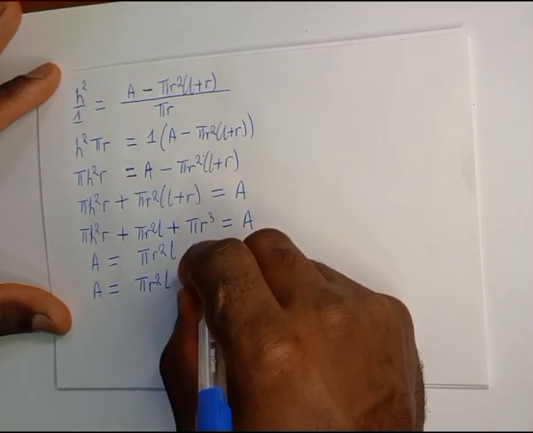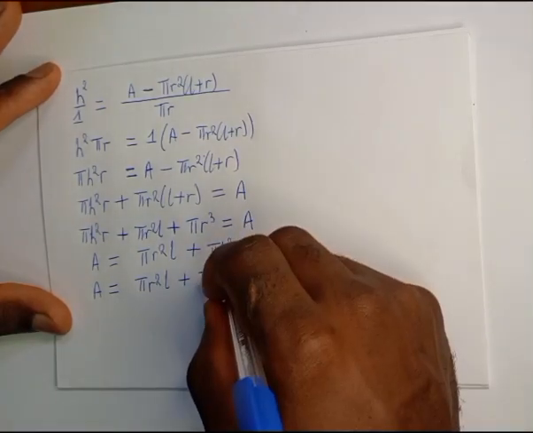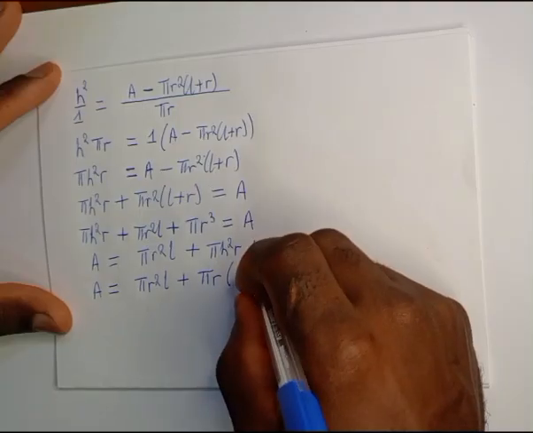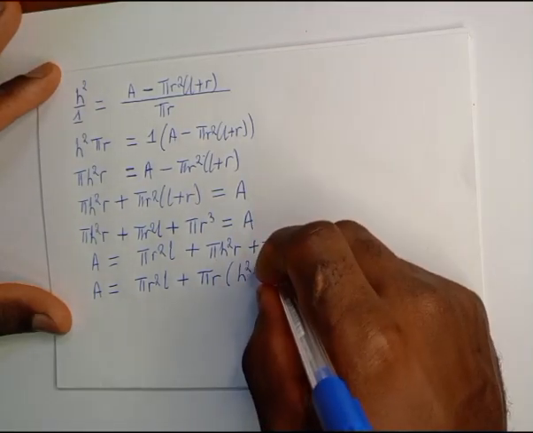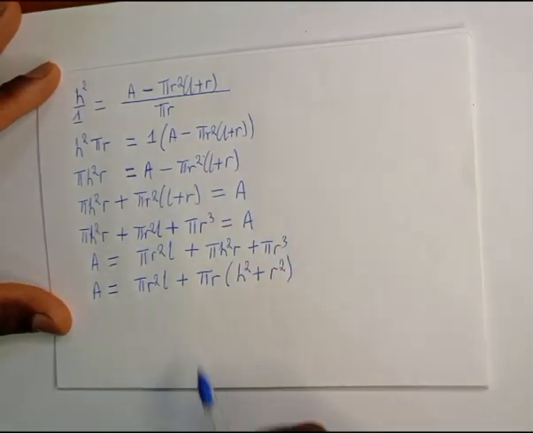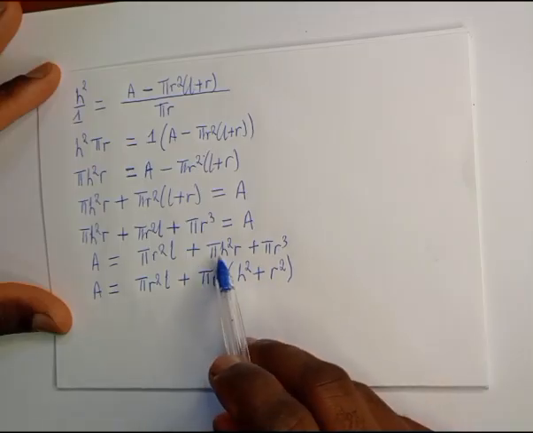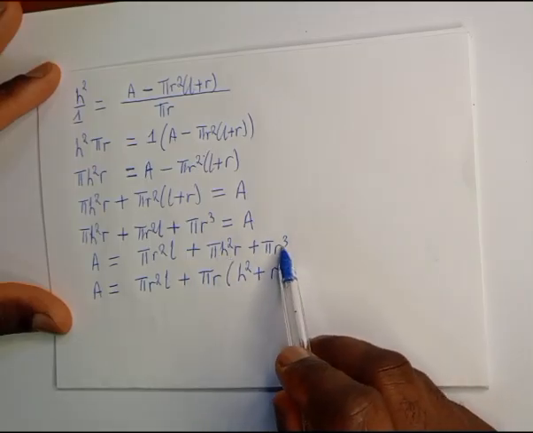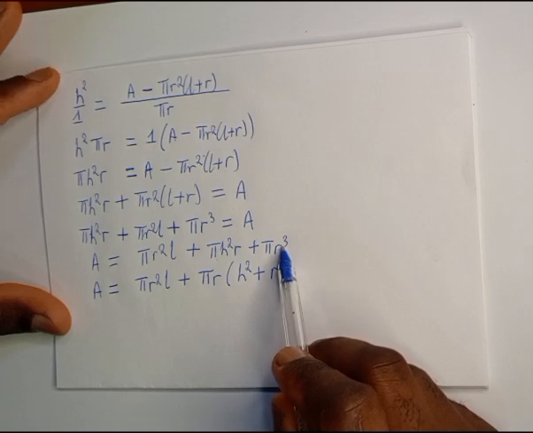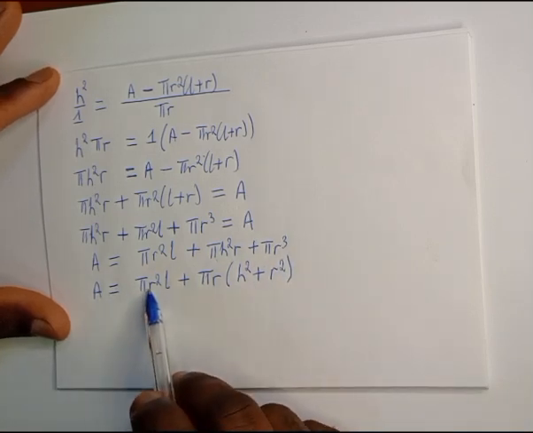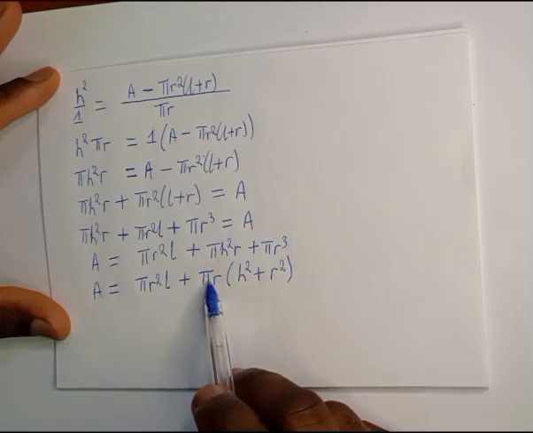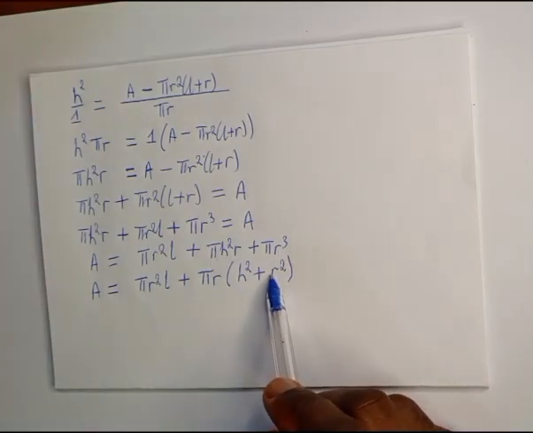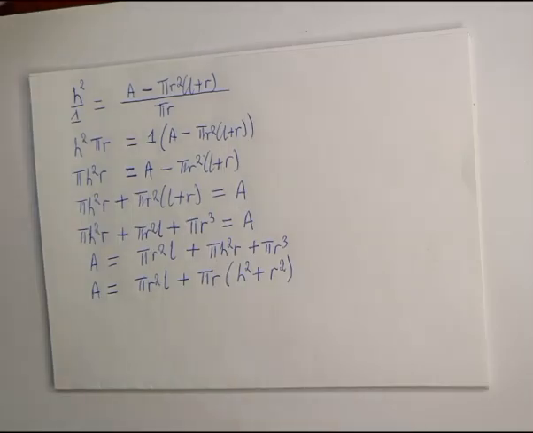We factor out pi r times h squared plus r squared. Expanding this, pi r times h squared gives us this. Pi r times r squared gives us pi r cube. A equal to pi r squared L plus pi r times h squared plus r squared is what we are to show. This is it.